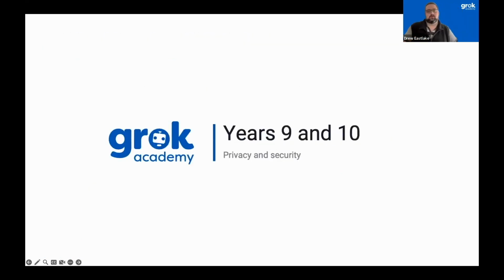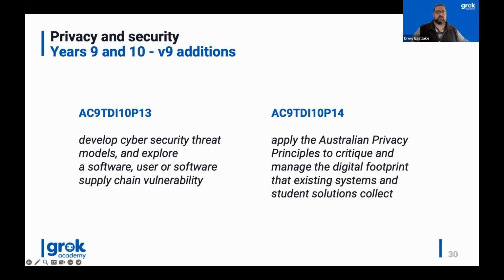So let's put year 7 and 8 aside now and start to have a look at year 9 and year 10. If we have a look at the new additions of the descriptions to the curriculum, you can see here, again, we don't have any that we've replaced from version 8.4 to version 9. These are all new additions, but we have 2, one around security and one around privacy.